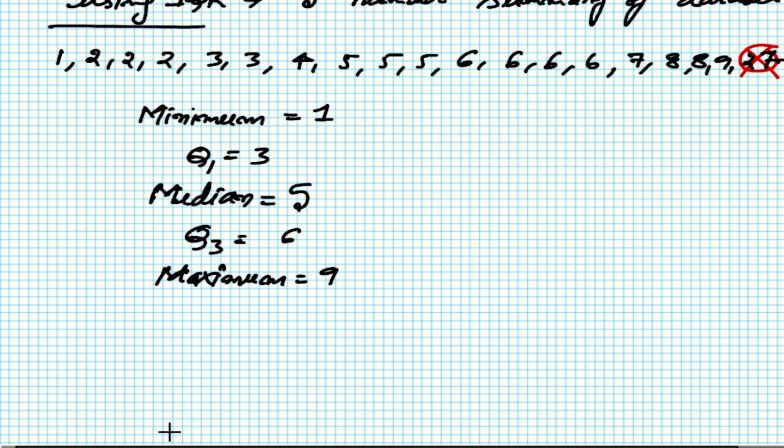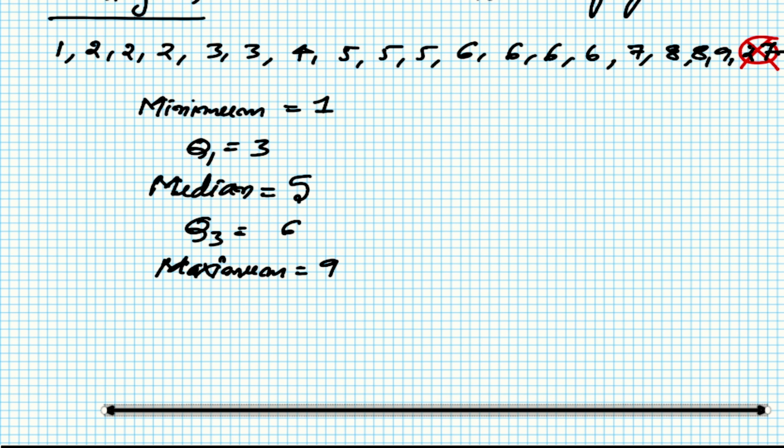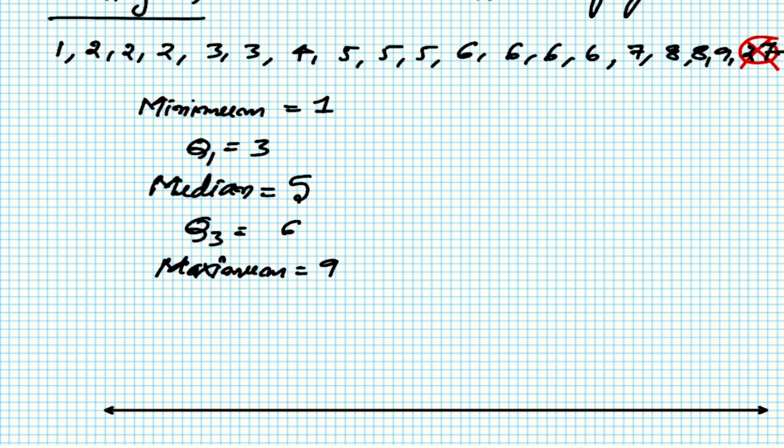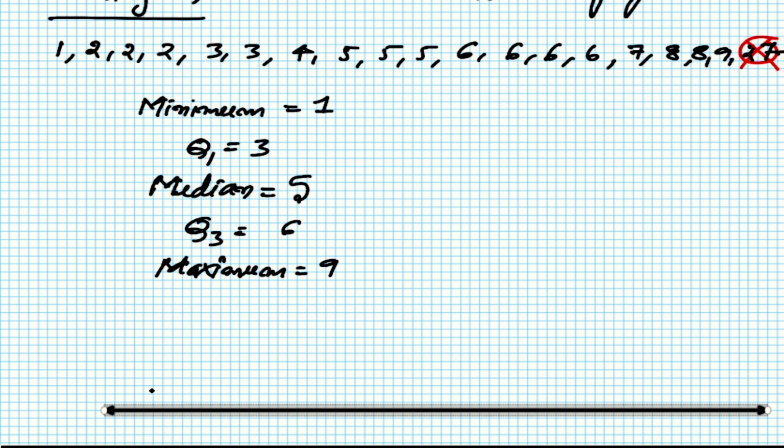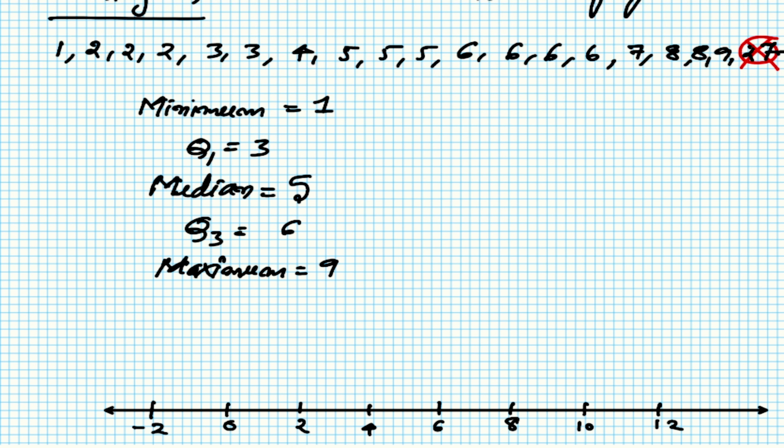Let me say this is the axis, starting from the minimum value to the maximum value. Let me try to write a few of the values. Maybe I'll start from some negative numbers, maybe from -2, then we have 0, then 2, 4, 6, 8, 10, 12, etc. I'm bringing an axis here, and I'll try to mark these 5 points over there.